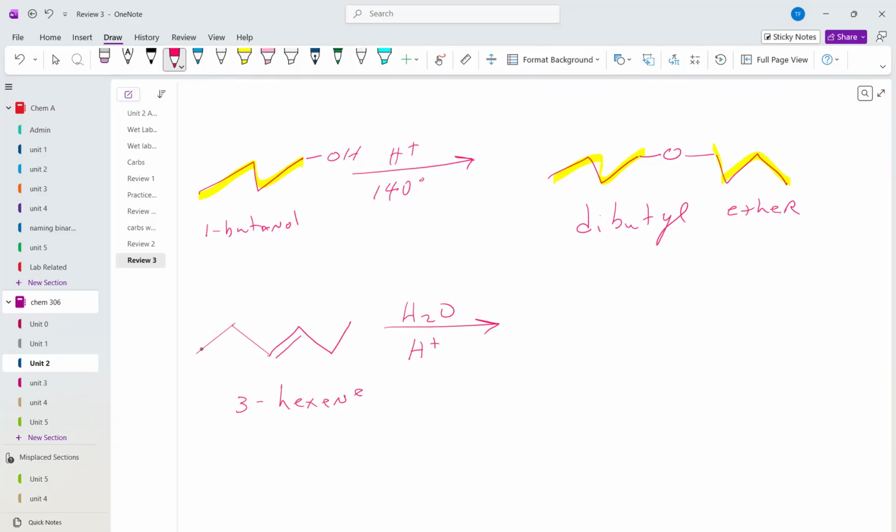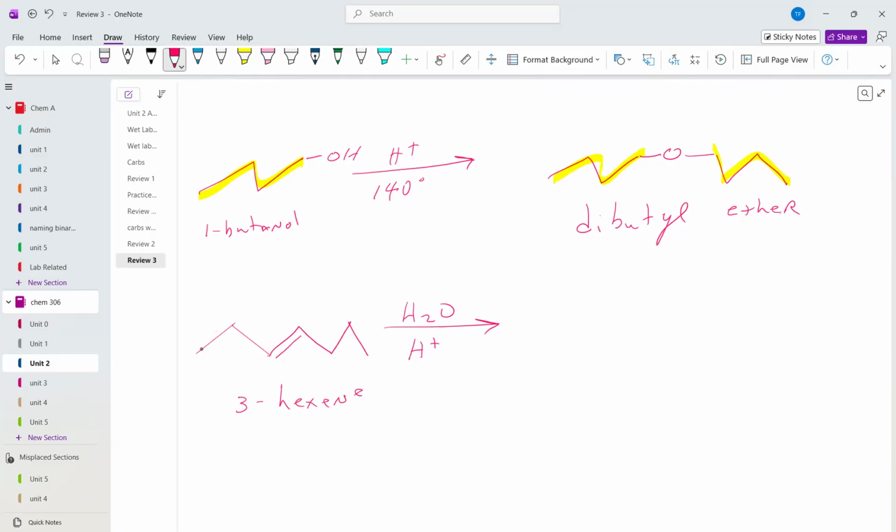What are we going to get? One alcohol, two alcohols. Actually, if you flip them, they'll be the same. Let's do this a little differently.